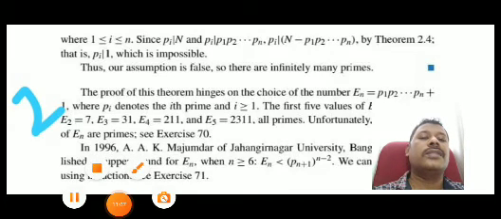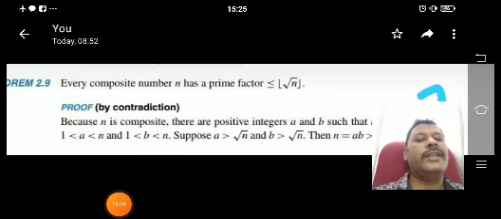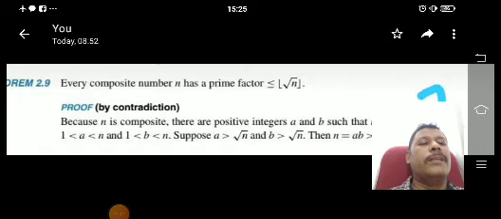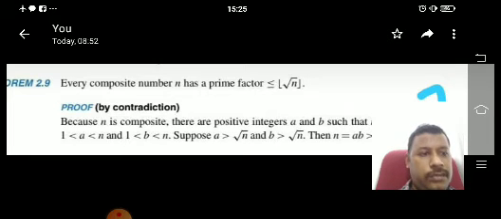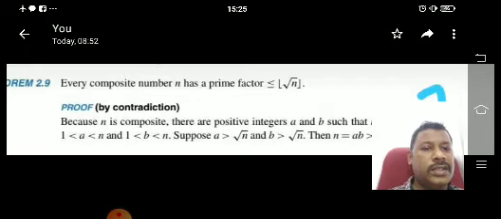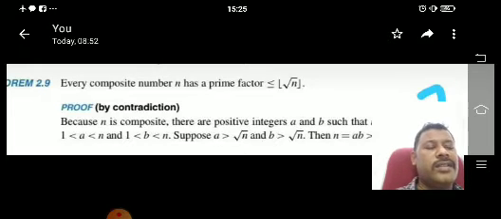That is the proof. Next, every composite number n has a prime factor less than or equal to floor of root n. Here also we are proving by contradiction. Because n is composite, there are integers a and b such that 1 is less than a less than n and 1 is less than b less than n.